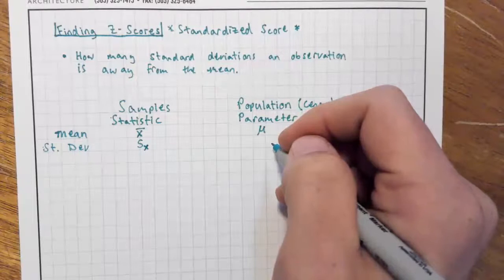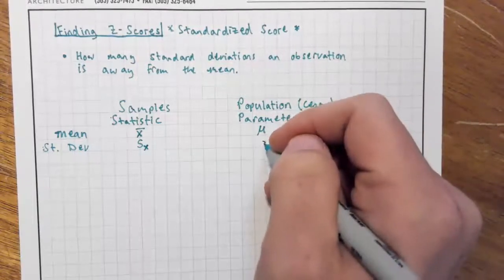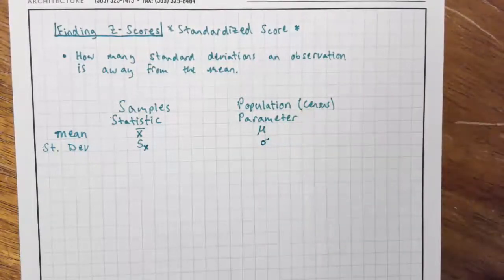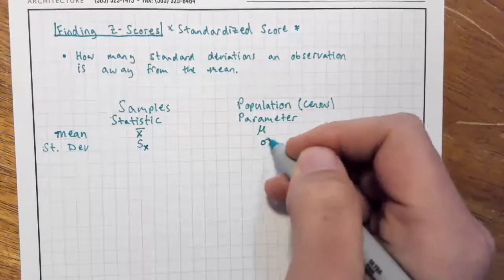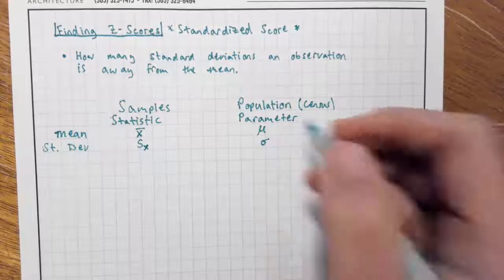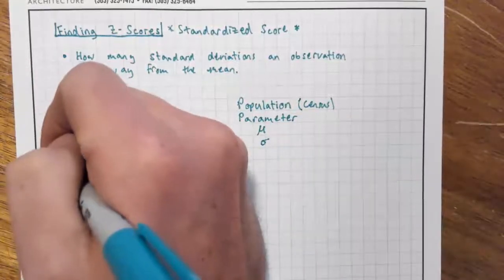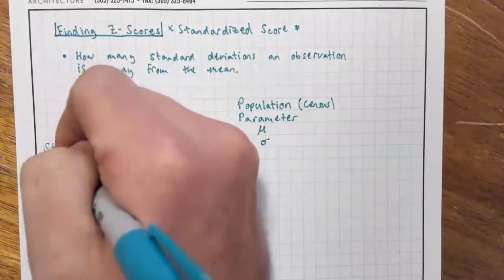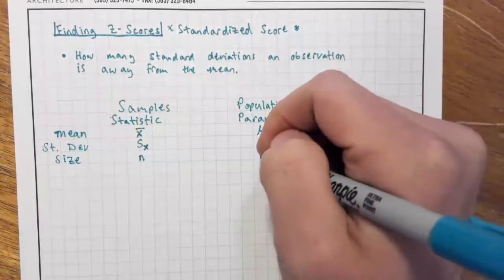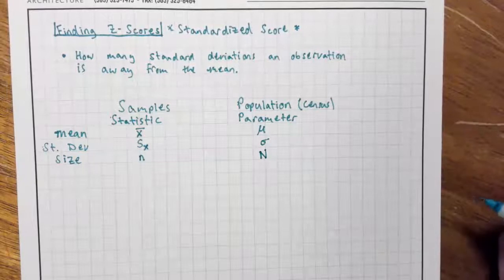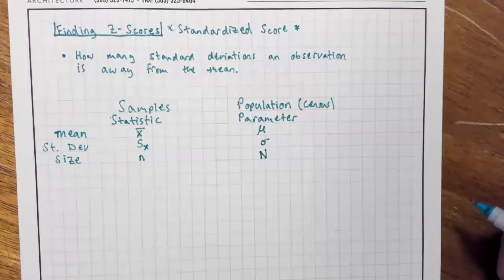It looks like a little circle with a line jutting outward. This symbol represents a standard deviation. And for size, or number of observations, for a sample it's a little n. For a population, it is a capital N. Okay, with that all out of the way, let's do a z-score.